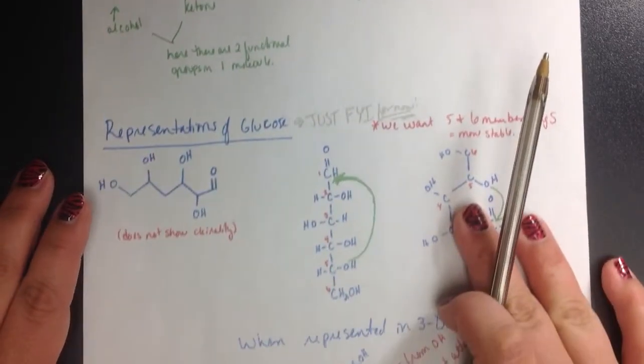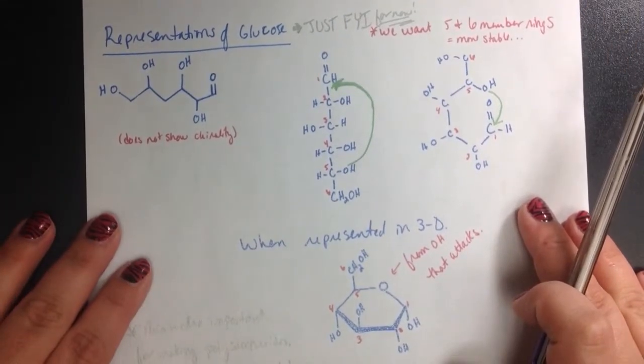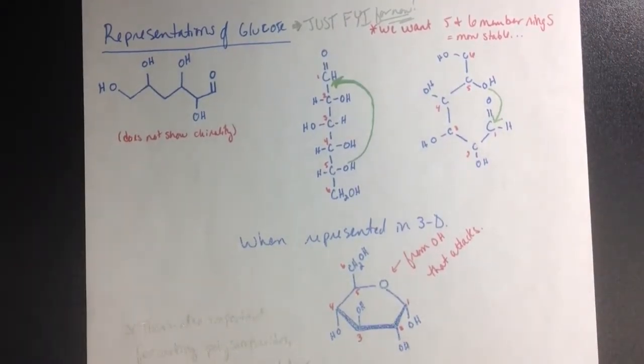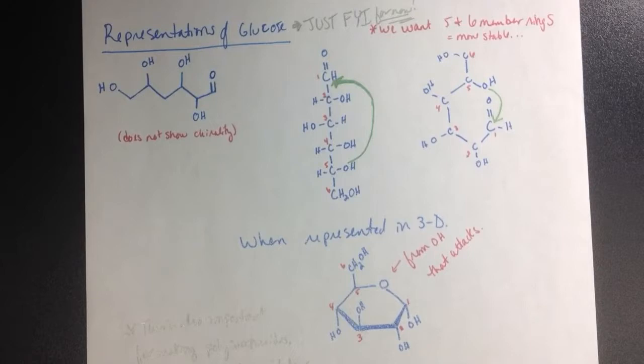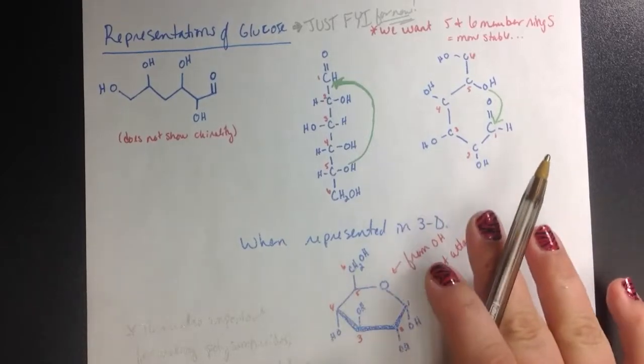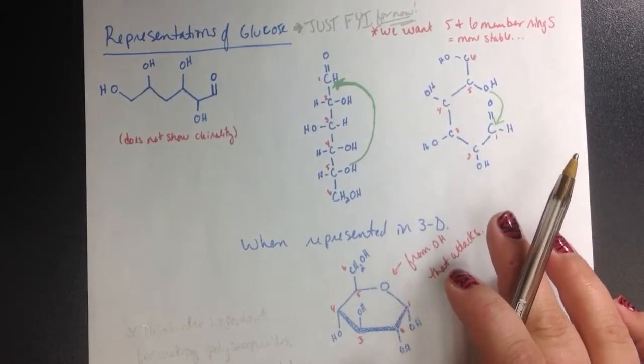So let's look at types of representations for glucose. This is something we're going to work with a lot next chapter. This would be one representation of that. One of those things about reaching down and touching your toes, you want to have a ring that's about 5, 6, or maybe 7 carbons in the ring.